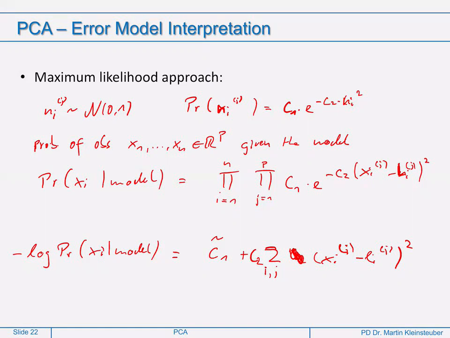And if we write that in matrix notation, this is the same as C1 tilde plus C2 times the norm of X minus L, the Frobenius norm squared.